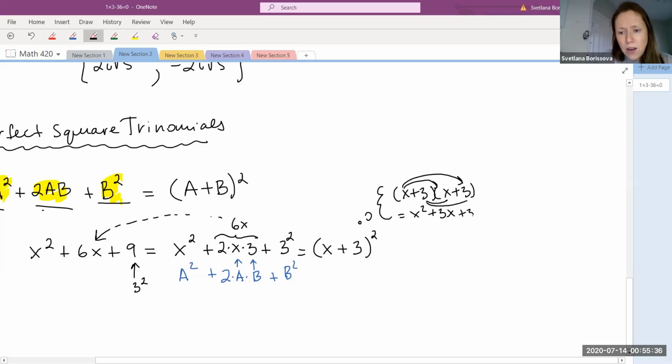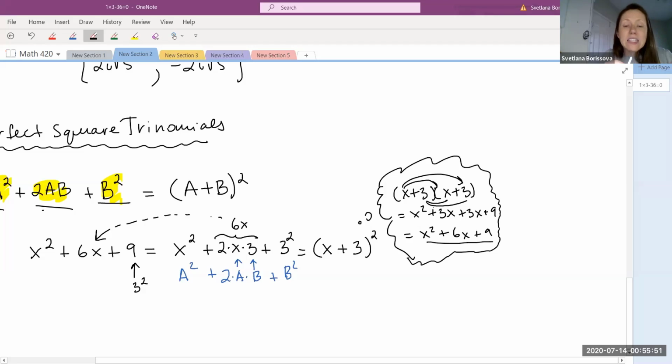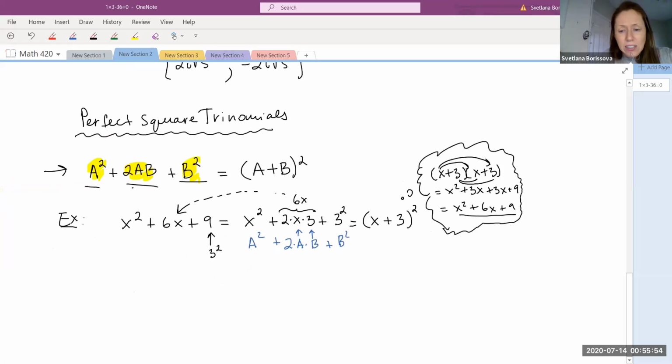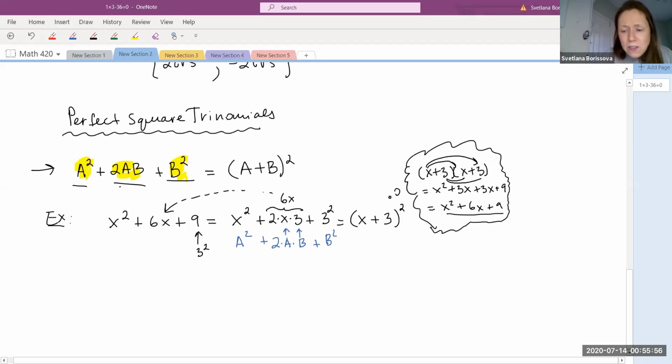So it's another 3x and then plus 9. So that is x squared plus 6x plus 9. See, that's what we started with. So yeah, that looks right. This example illustrates that, yeah, this property works.